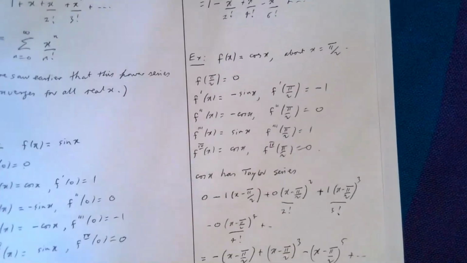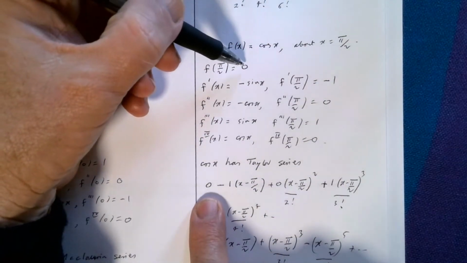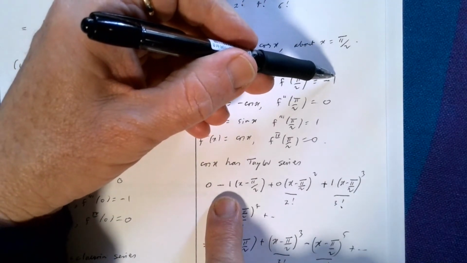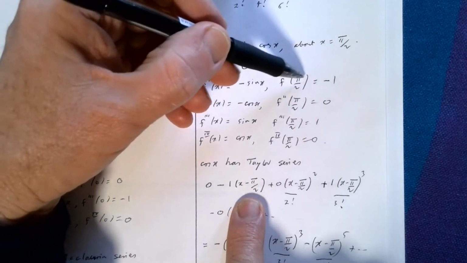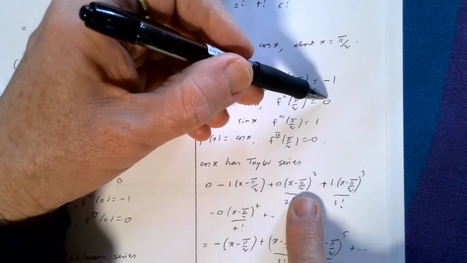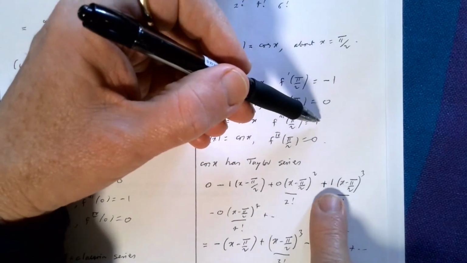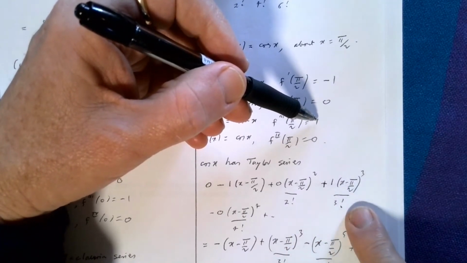So the Taylor series then is, the first coefficient is 0. And then you put minus 1, now not x this time, but x minus pi on 2. The next coefficient is 0 times x minus pi on 2 squared on 2 factorial. The next coefficient is 1 times x minus pi on 2 cubed on 3 factorial.